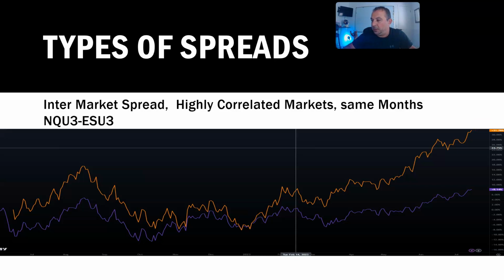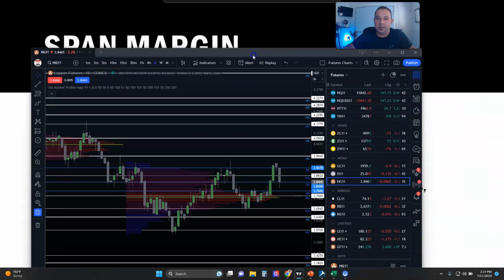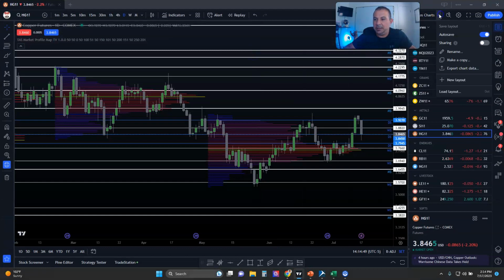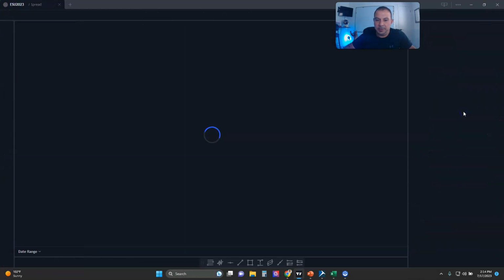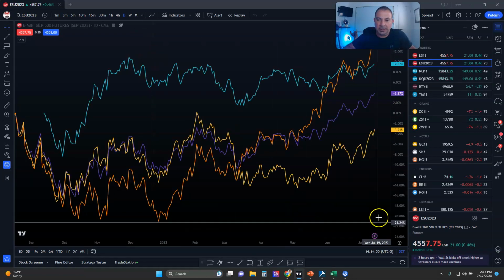So let's talk about the span margining again. I'm going to have to pull up our TradePro platform to show you guys how I would do this. So real quickly though, to view a spread, let me go to my spreads list. This is all the equities right now on a daily chart, right?